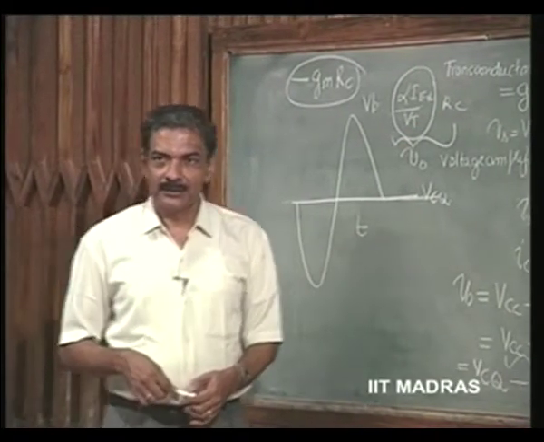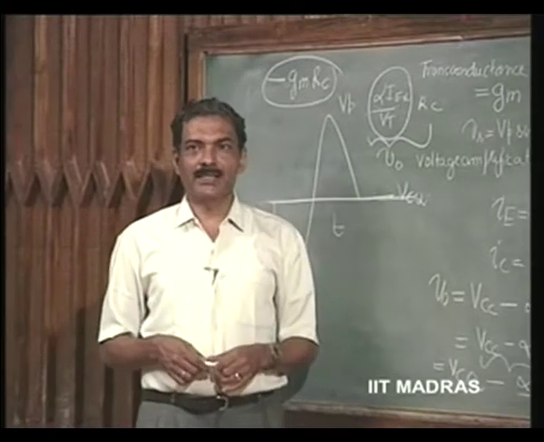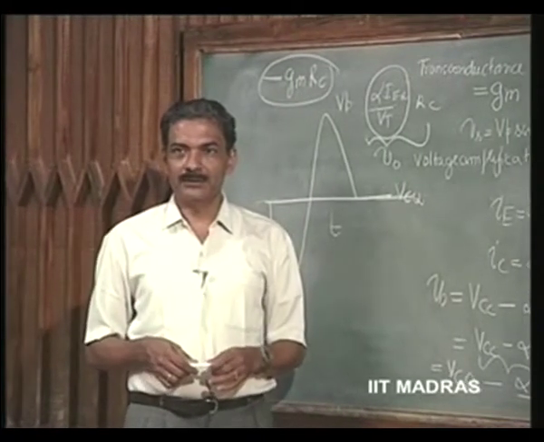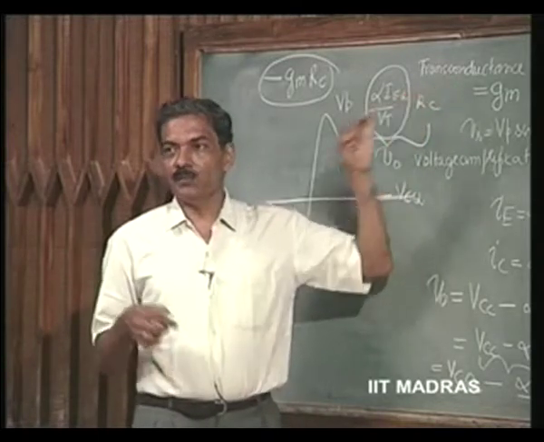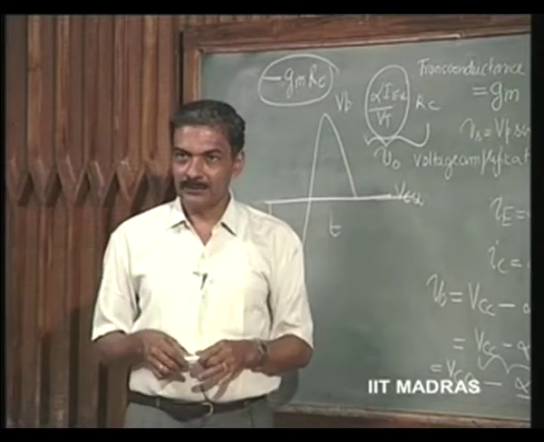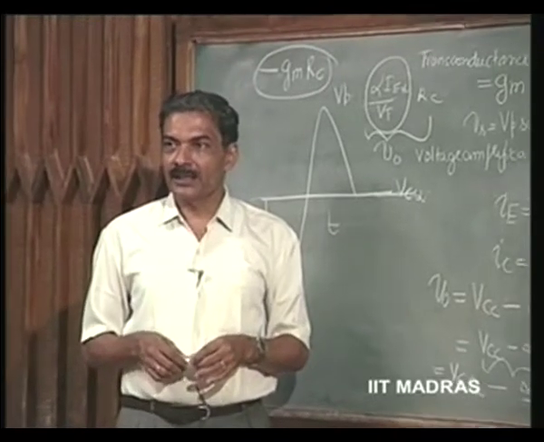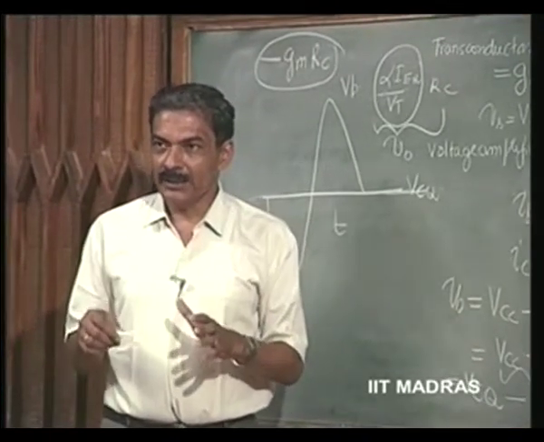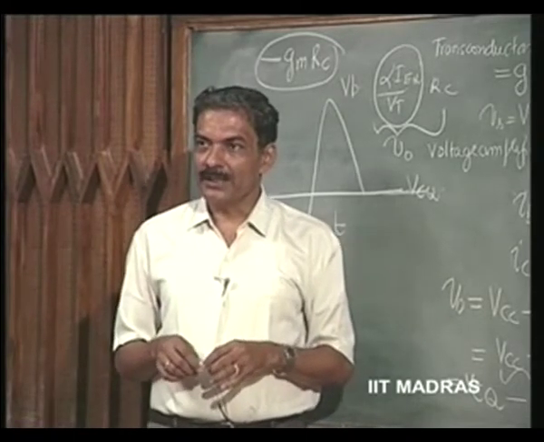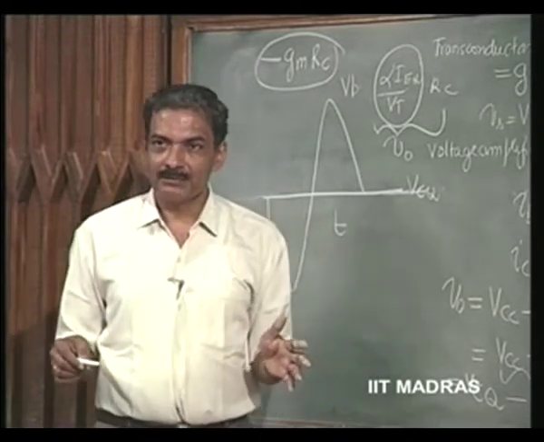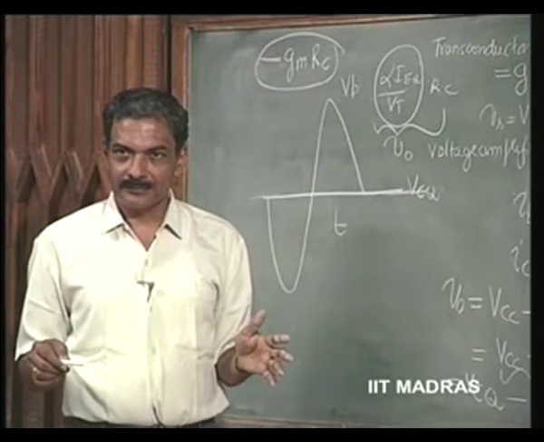So, if RC is let us say 1 kilo ohm and operating current of the transistor is 1 milliampere, for which we are assuming that the transconductance is 40 millisiemens, the gain of the amplifier is minus 40, simple voltage gain.